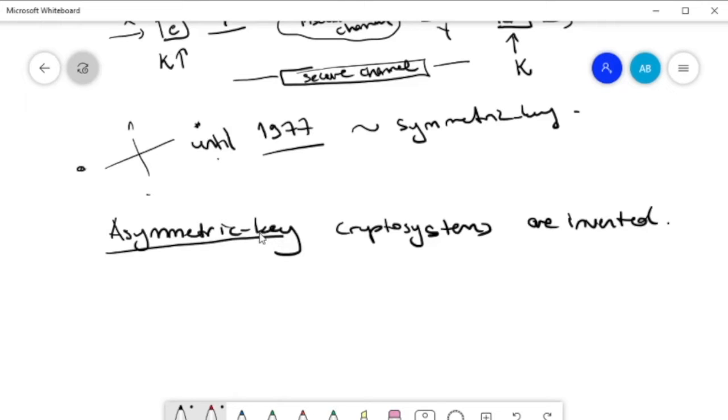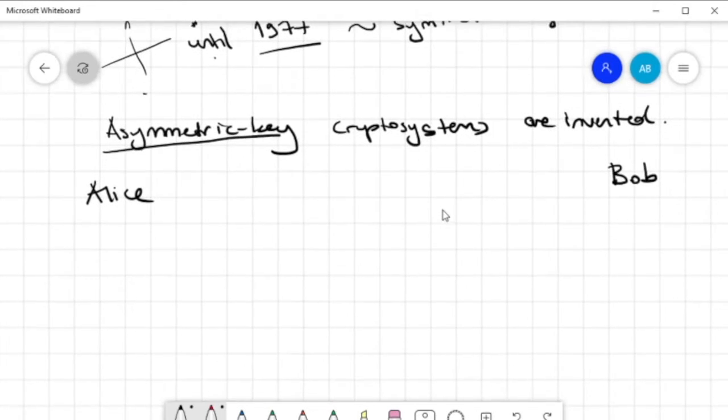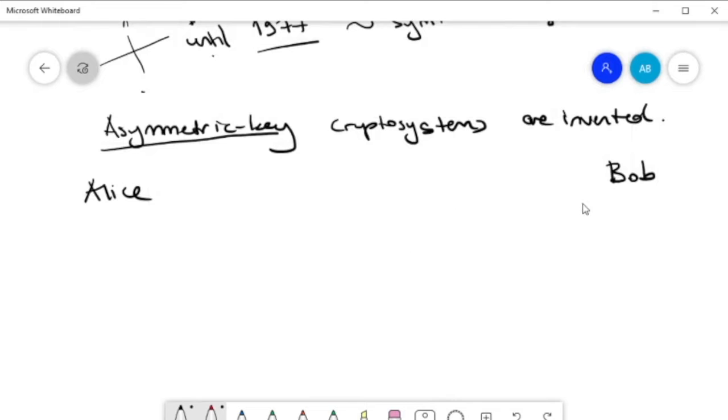So what are asymmetric key cryptosystems? Assume that we have two users as before, Alice and Bob. But in this case, Bob has two keys. One is the public key, the other key is the secret key.